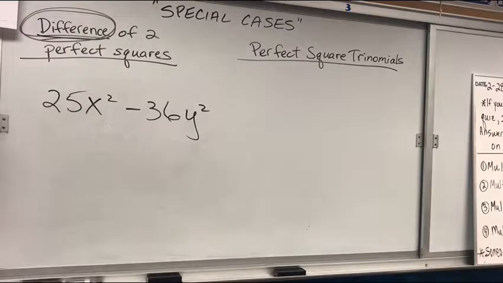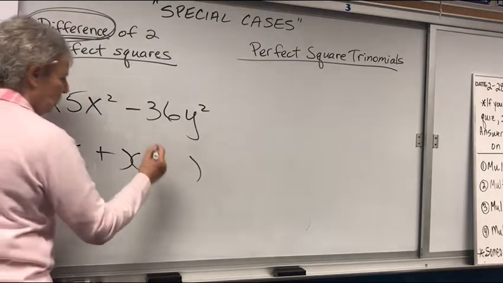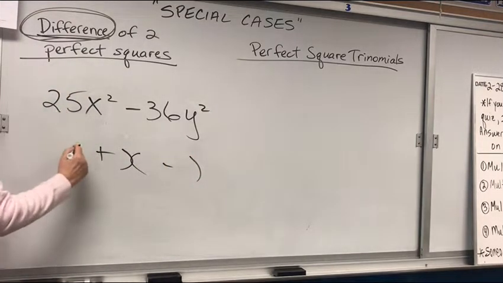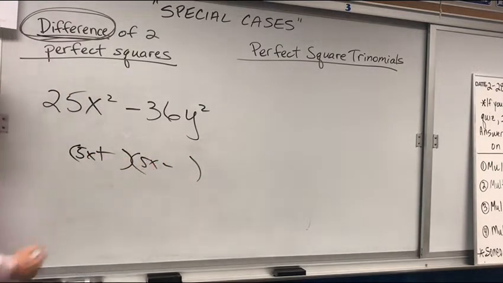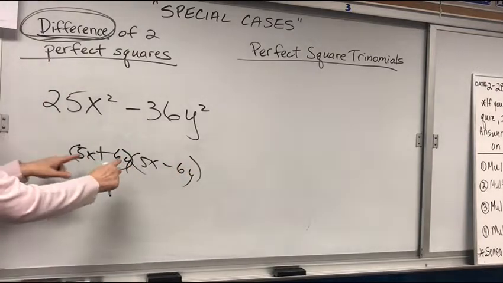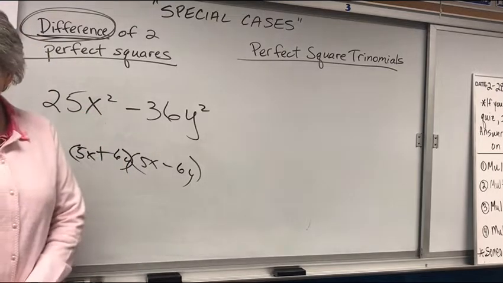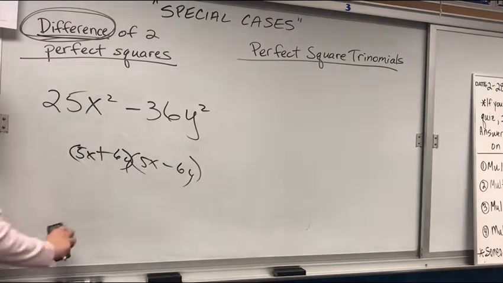All right. Is there a GCF? No. One's plus, one's minus. 5x, 6y. See, when one's plus and one's minus, the middle term disappears. So why don't you change that?